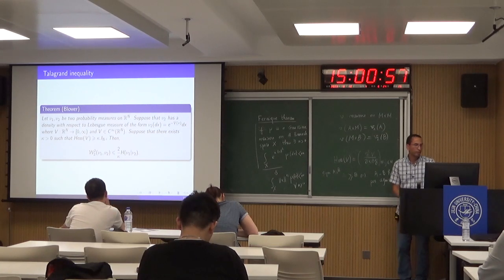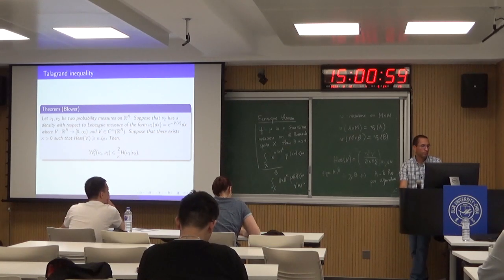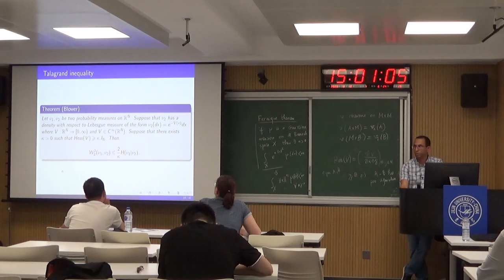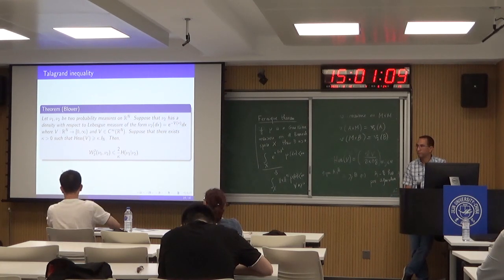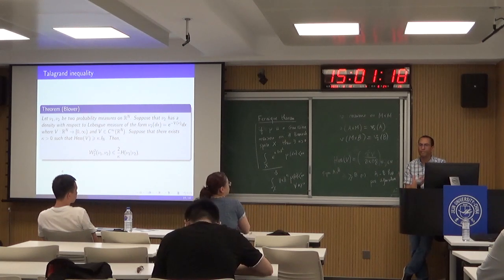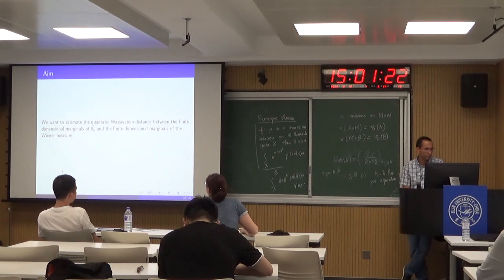Of course, this result here is stated for measures on R^n. But we have measures on an infinite dimensional space, on the Wiener space. So the idea is to apply this not for the measure and the Wiener measure, but for the finite dimensional marginals.